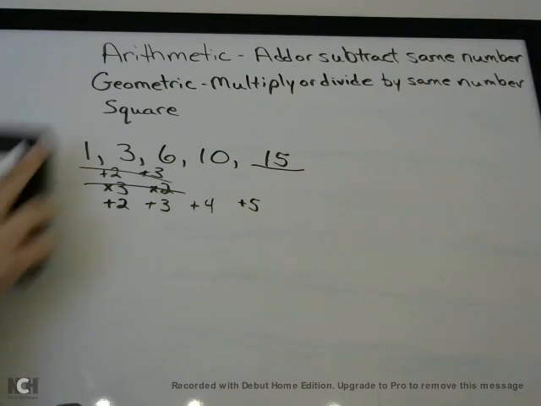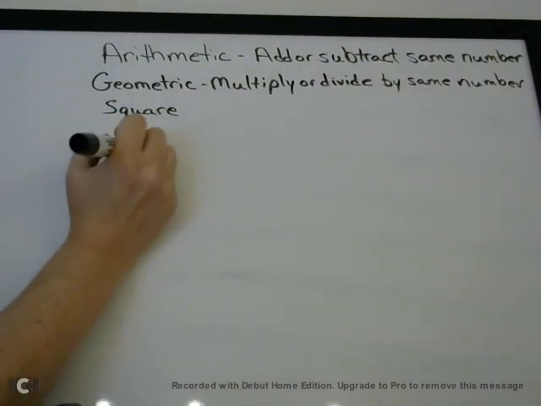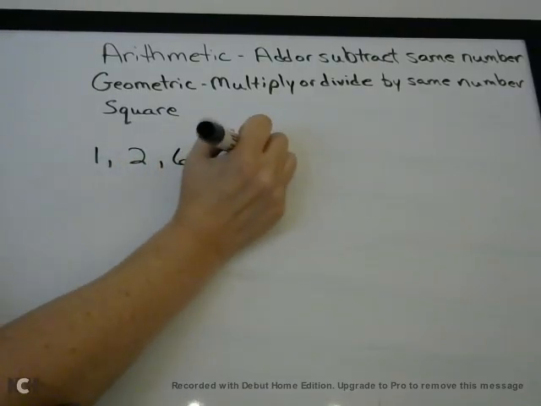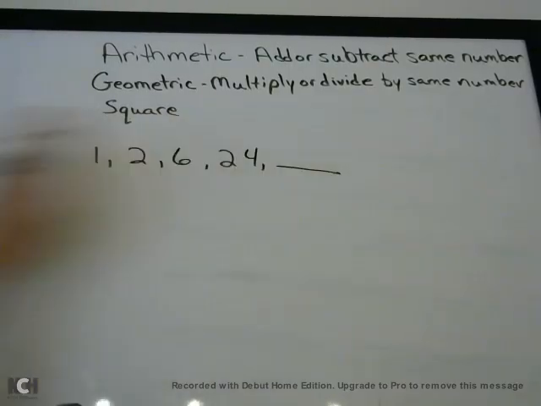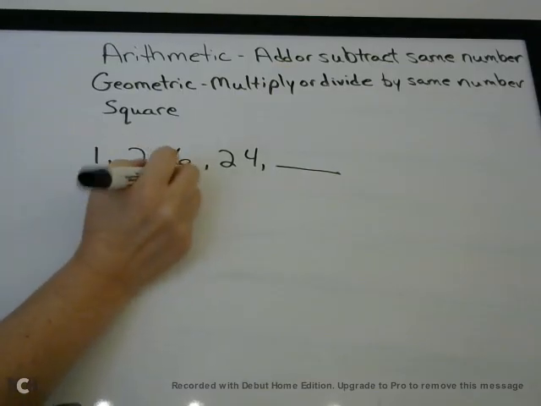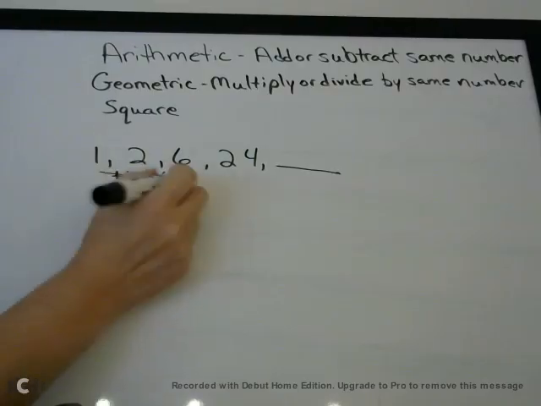Let's look at 1, 2, 6, 24. What's the next number? Again, is it arithmetic? To get from 1 to 2, you add 1. To get from 2 to 6, you add 4. So that's not arithmetic because these two are not the same.